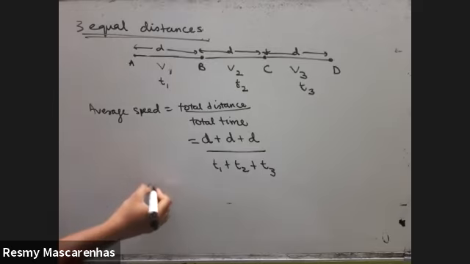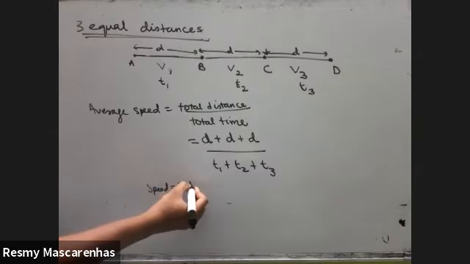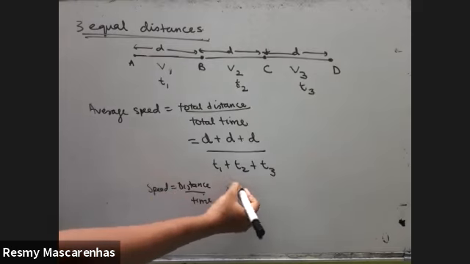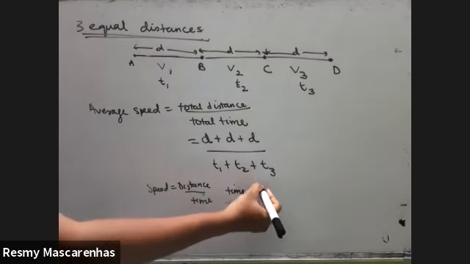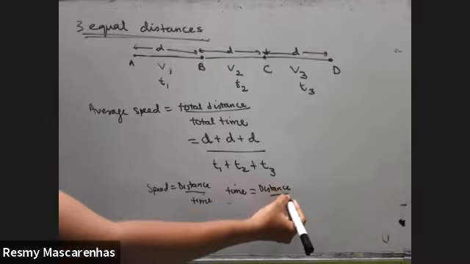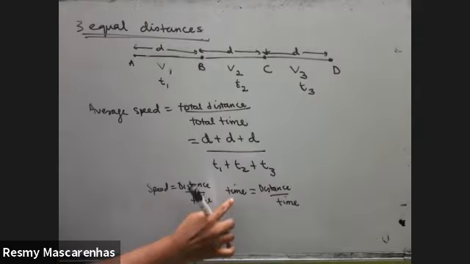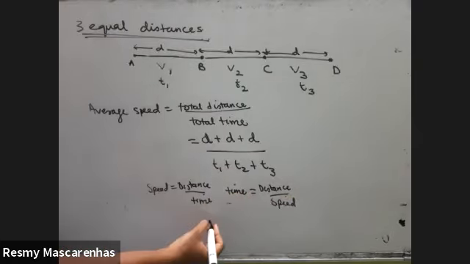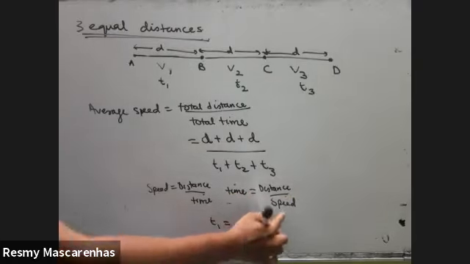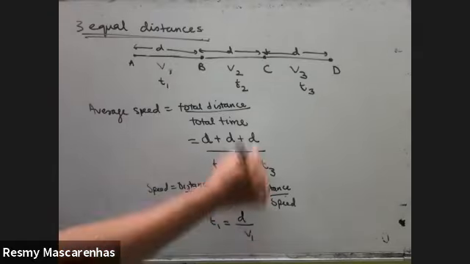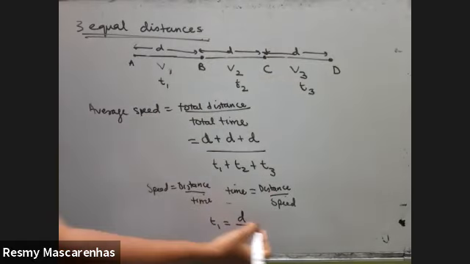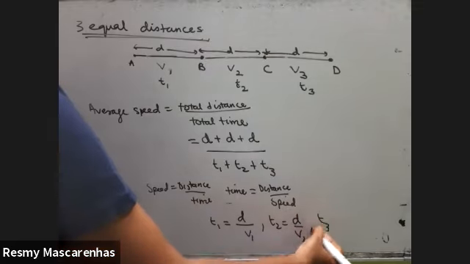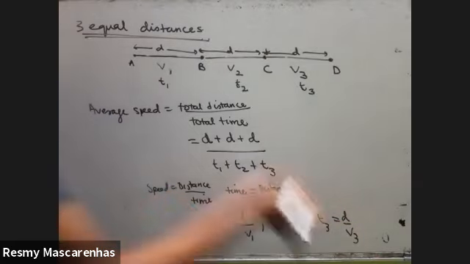You know that speed is distance upon time. So if time goes up, speed will come down. So if you are using T1, it is D upon V1, and D is the same for everyone. The same way T2 will be D upon V2 and T3 will be D upon V3.